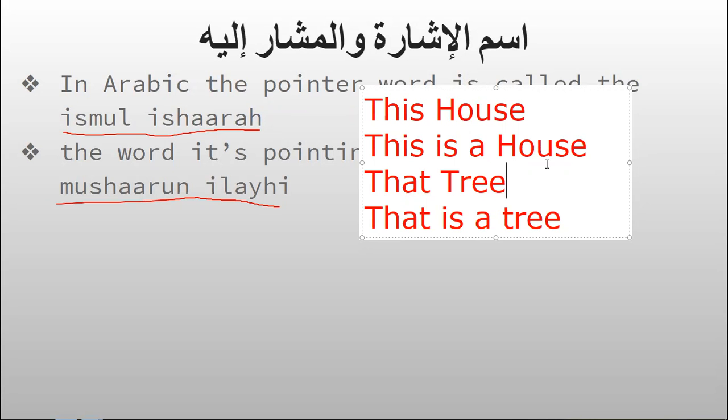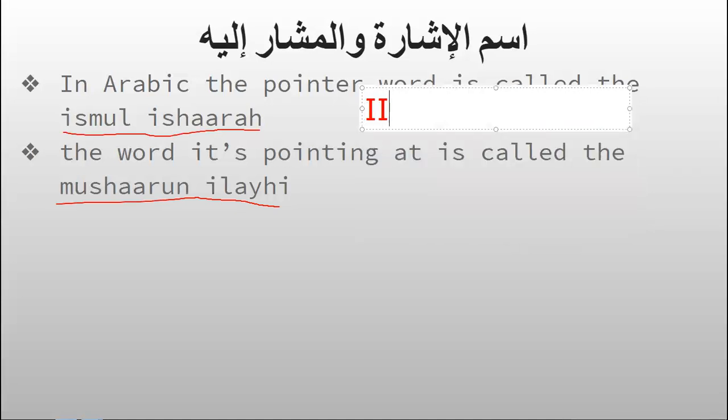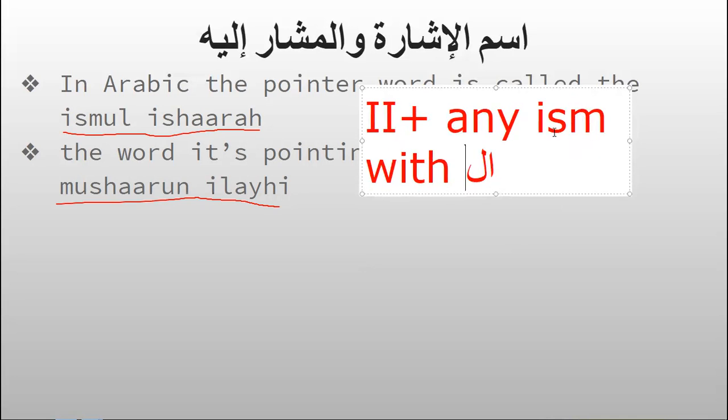Okay, so if you see any Ismul Ishara followed by another ism, and that ism has al on it, then it will be a fragment. Listen to me carefully. Ismul Ishara plus any ism with al, then it's a fragment.